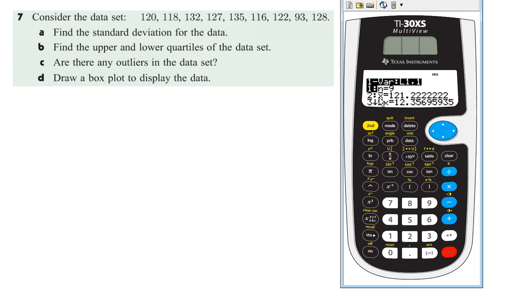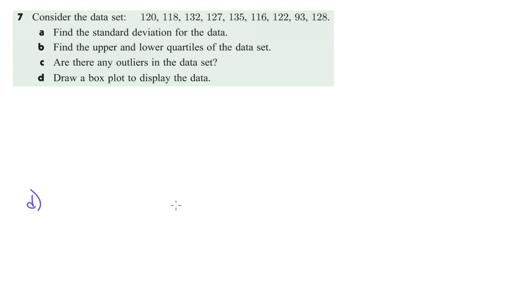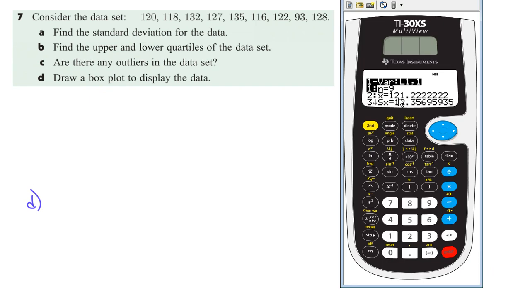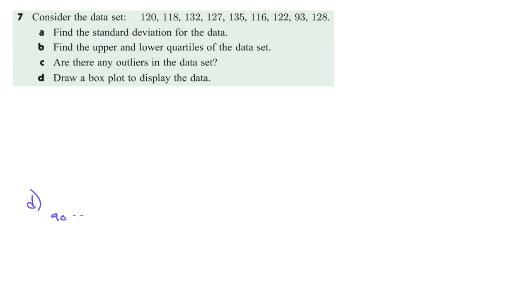There we go. So X bar is our mean. We're going to have to draw a box plot anyway, so I'm just going to go straight to D here. We know this is going to go from 93 up to 135. So let's do, say, 90.